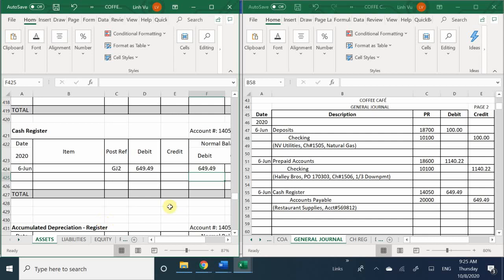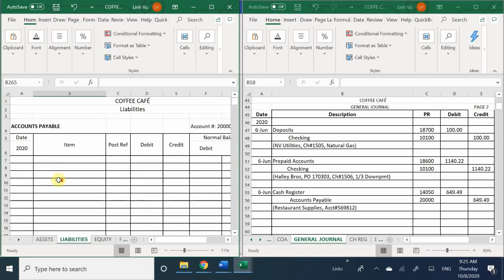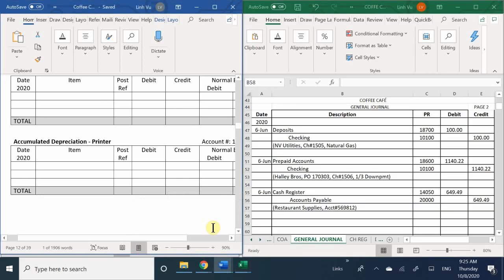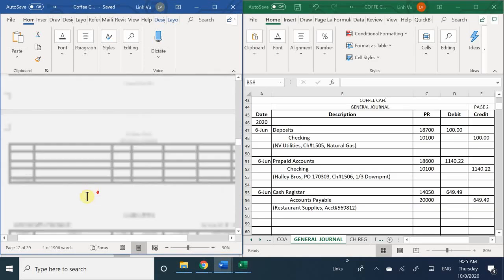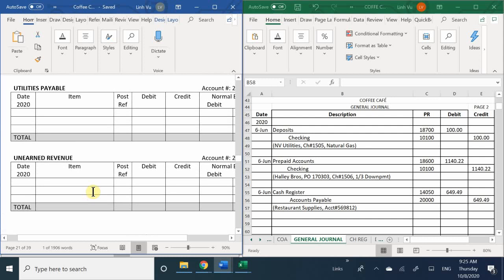Now I'm diving into my accounts payable. So what type of account is accounts payable? Liability. It's a liability. So it should be the very top of the page here. And for this, it should be, oh, I went too far.